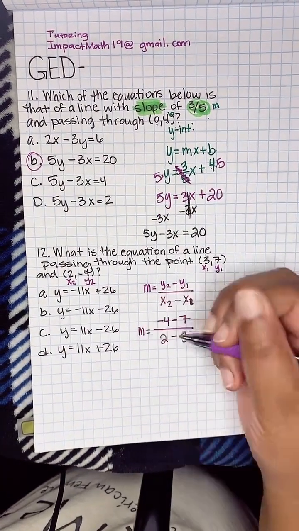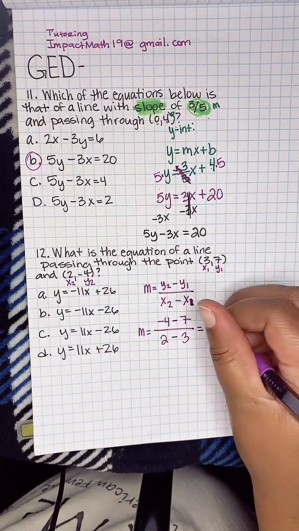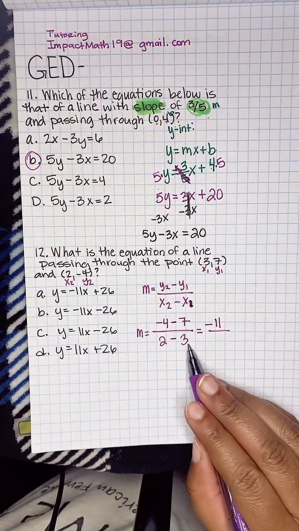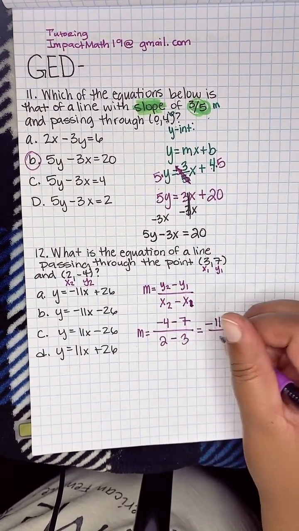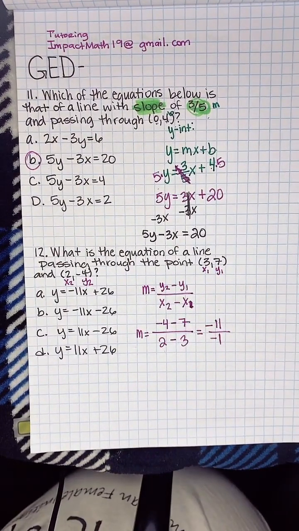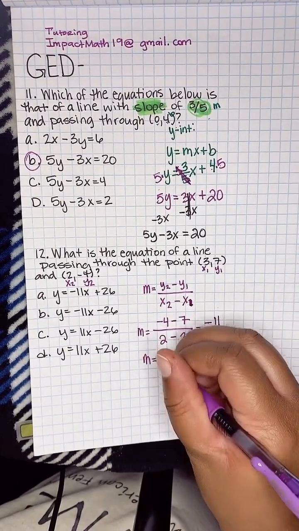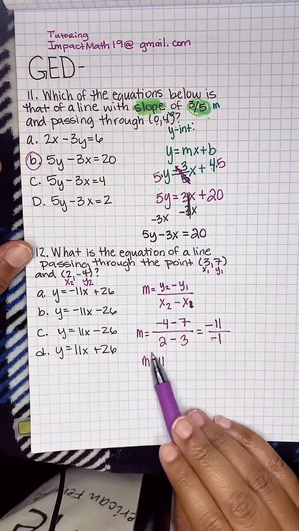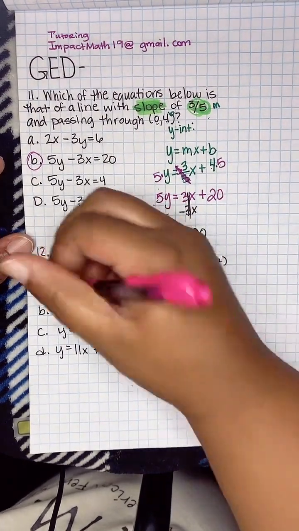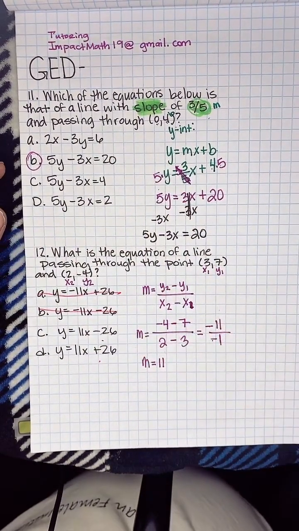Now -4 minus 7 gets us -11 over 2 minus 3 gets us -1. A negative divided by a negative is always a positive. So just by knowing this slope has to be a positive 11, I'm crossing out A and B. I just gave myself a 50-50 chance.